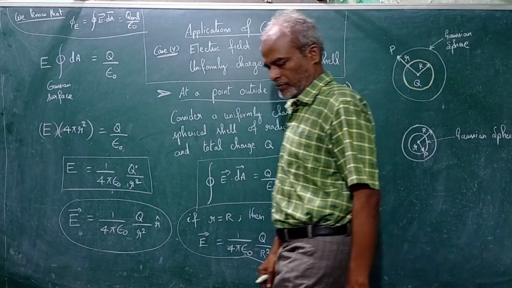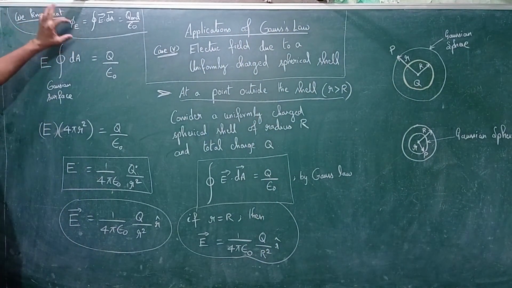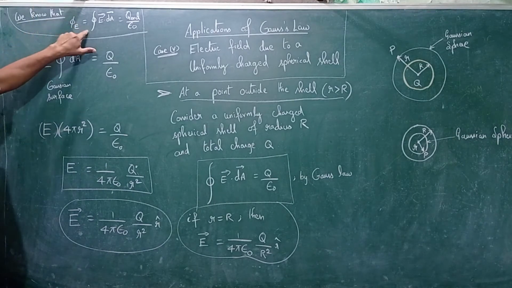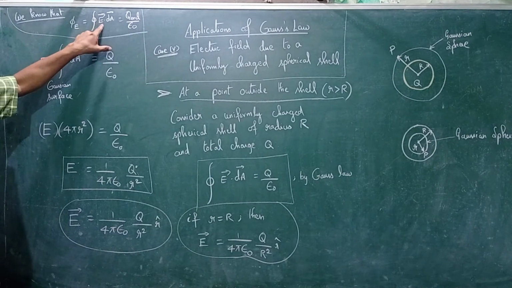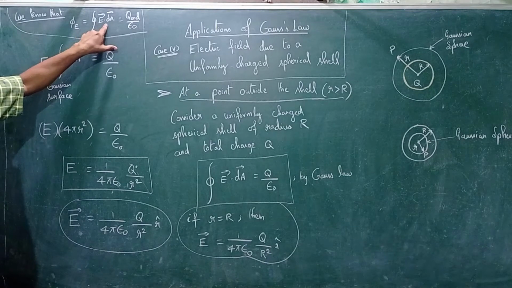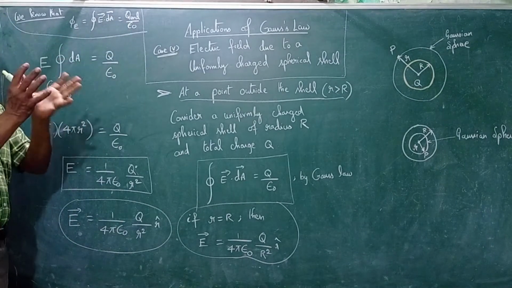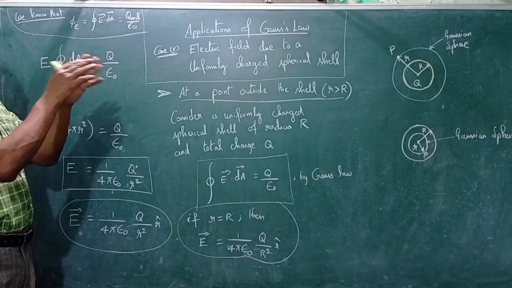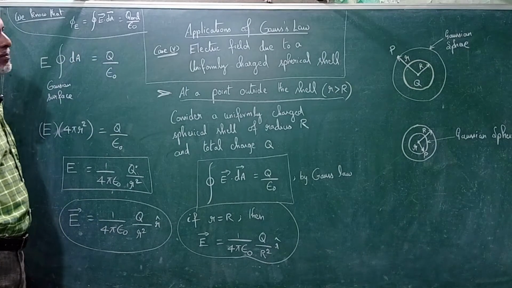Now, we know that the electric flux is equal to integral over a closed surface electric field vector dot product with dA vector is equal to charge enclosed by that surface. In this case, it is a spherical surface divided by epsilon naught.